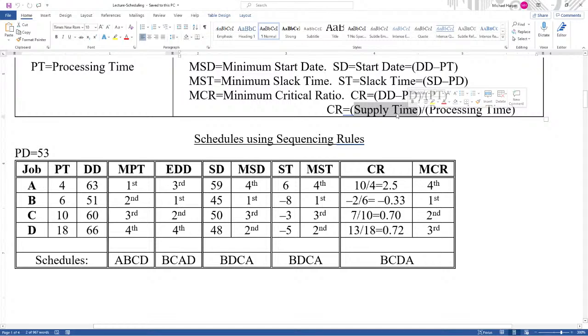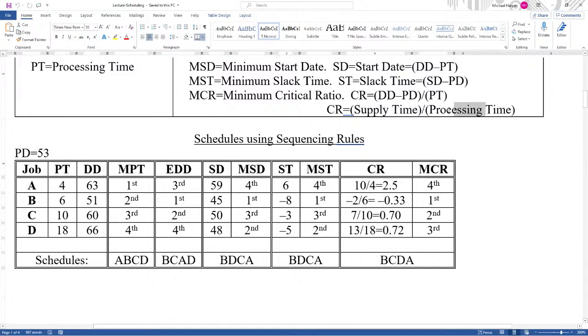If you take the time supplied to do this job between today and when it's due, divide by the processing time, that ratio gives you a lot of information. In other words, if the processing time as of today is less than the supply time, the ratio is greater than 1. Therefore, you'll be early because the processing time is less than the supply time. And so you'll have a slack time of 6, actually.